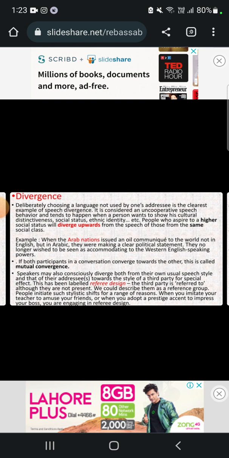There is a very good example, when the Arab nations issued an oil communique to the world, not in English but in Arabic. They were making a clear political statement that they no longer wish to be seen as accommodating to Western English-speaking powers. If both participants in a conversation converge towards the other, this is called mutual convergence.